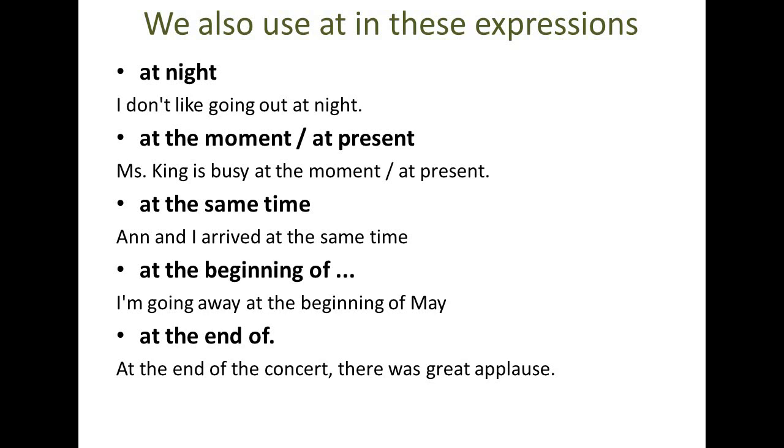What do you think if I go with you at night to somewhere? I don't know. At the moment, at present. For example, at the moment, I don't think to do some exercises, or at the moment I don't think to travel because I'm busy or something like this.